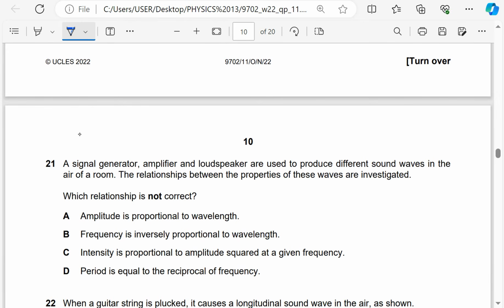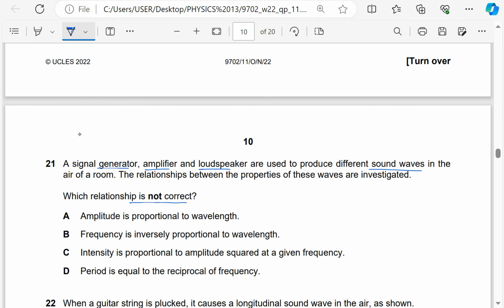A signal generator, amplifier, and loudspeaker are used to produce different sound waves in the air of a room. The relationships between the properties of these waves are investigated.